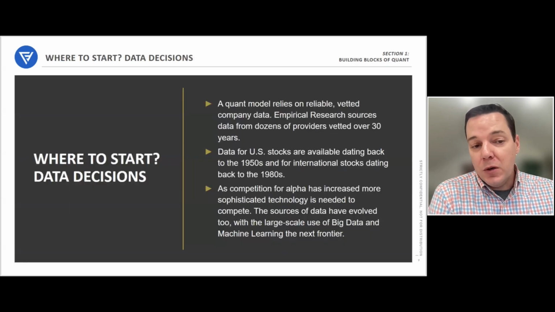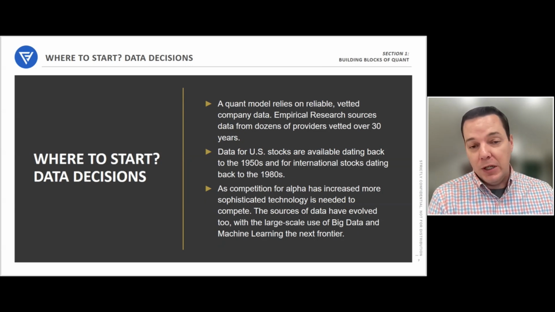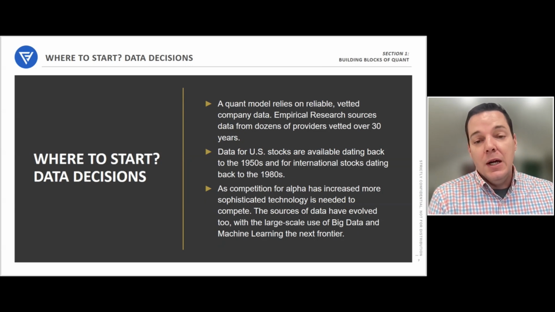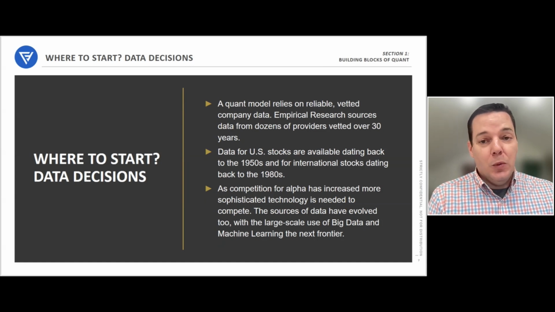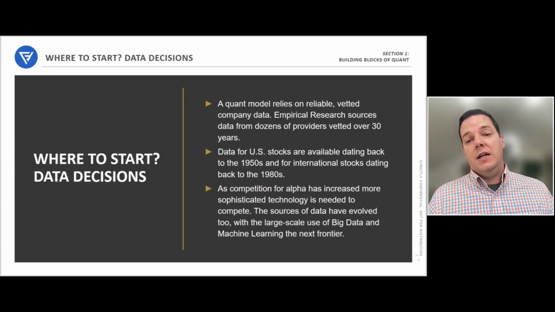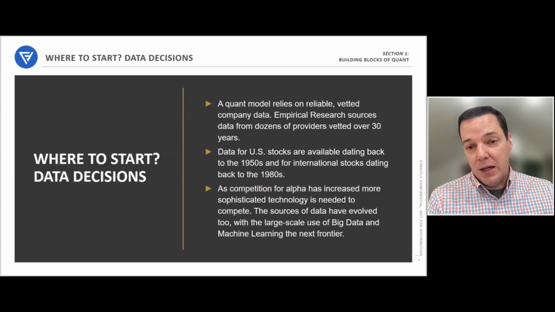All right, so where to start when it comes to building a quantitative modeling framework? And as I mentioned, quality data, data, data, data. What we talked about here at the top of the slide is that Empirical has utilized scores of different data vendors over the last 30 years of our quantitative modeling effort.